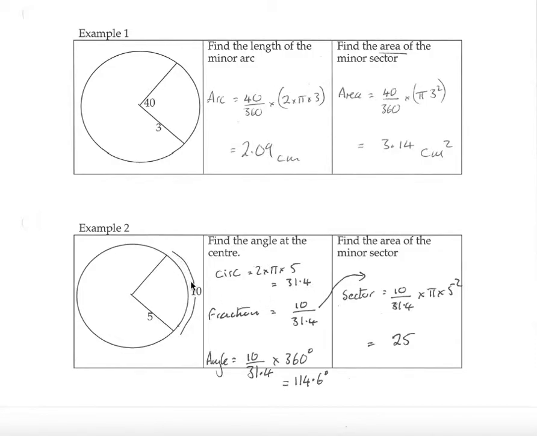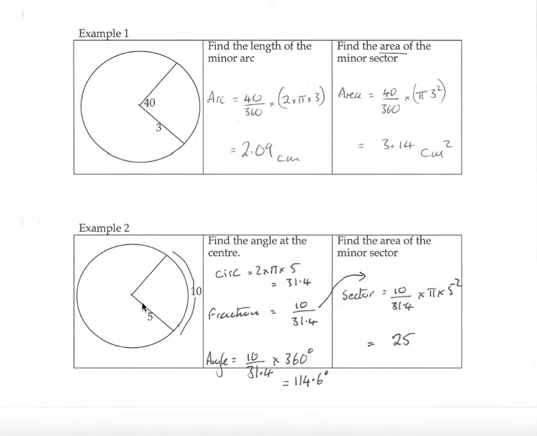I've got this bit of it, so I've got 10 centimetres out of 31.4 centimetres. So I'm dealing with 10 31.4ths of the whole circle. That's my fraction.